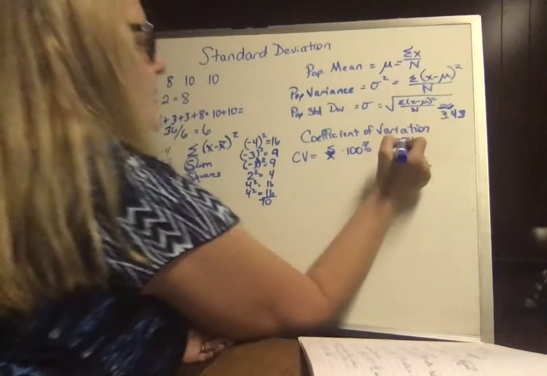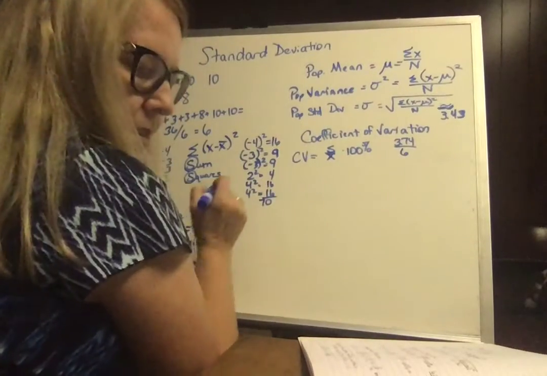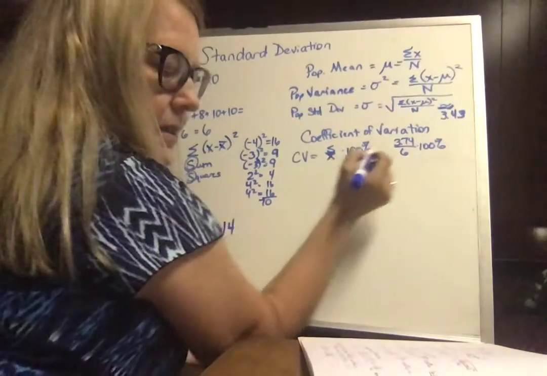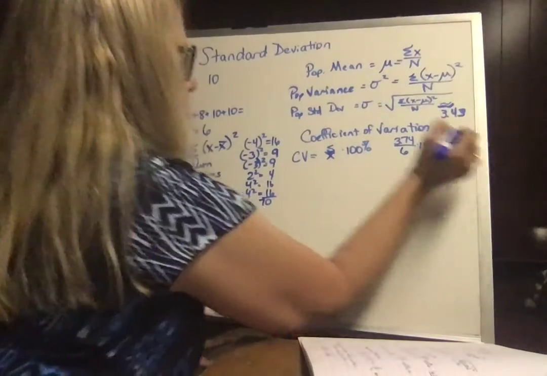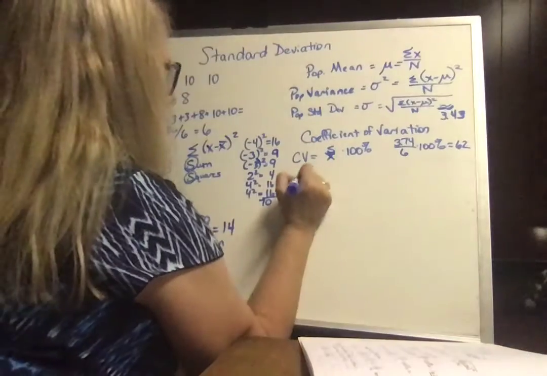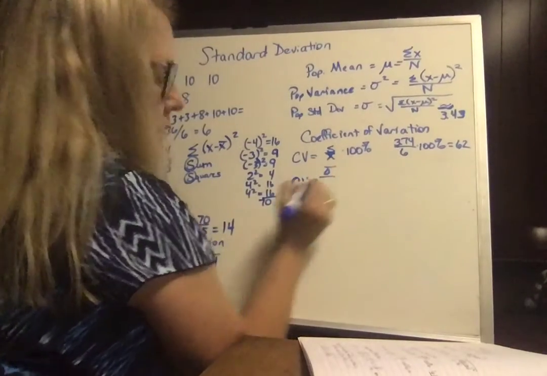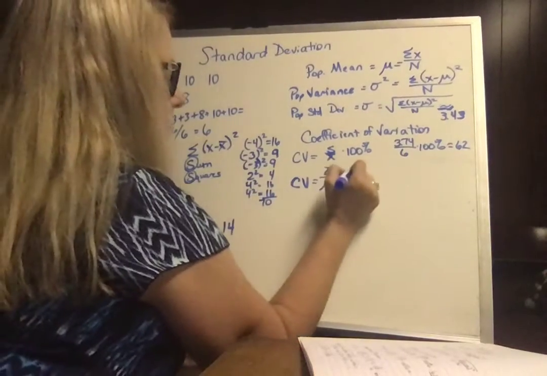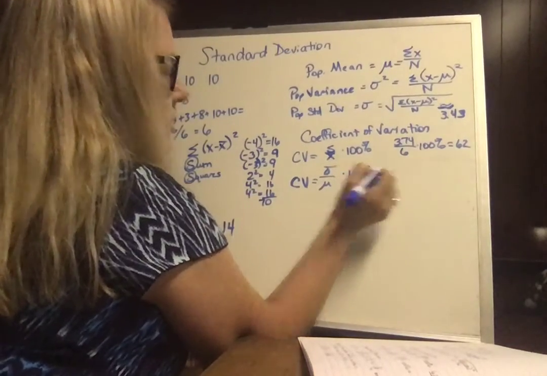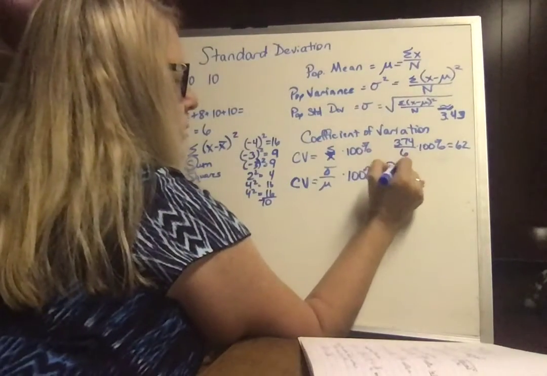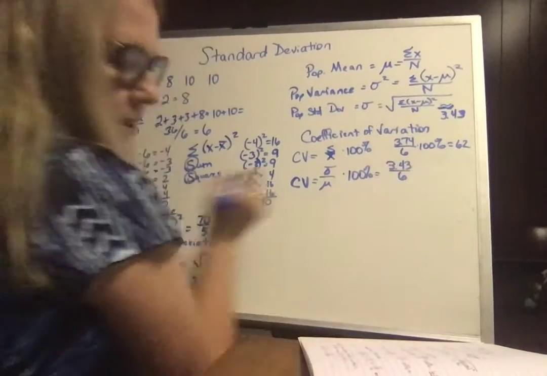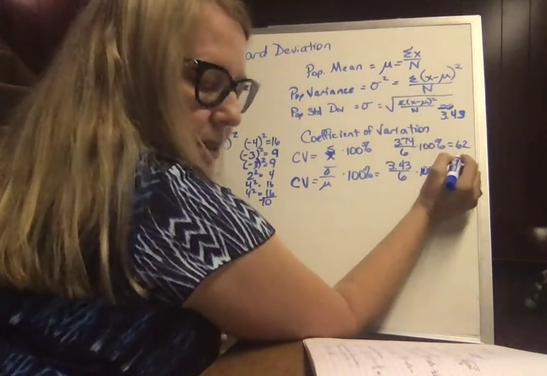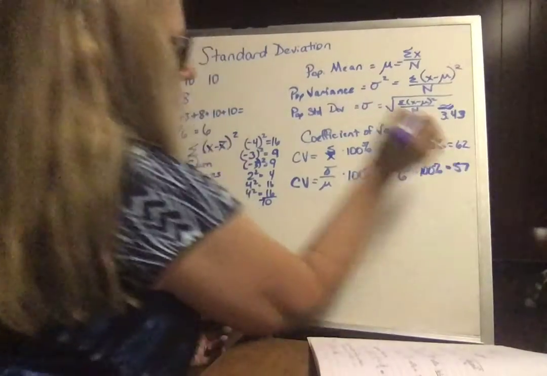X bar was 6, and times 100% comes out 62, or instead of X bar, mean for the population times 100% equals, and the second number we got was 3.43 divided, it's still the same mean, times 100% comes out 57.